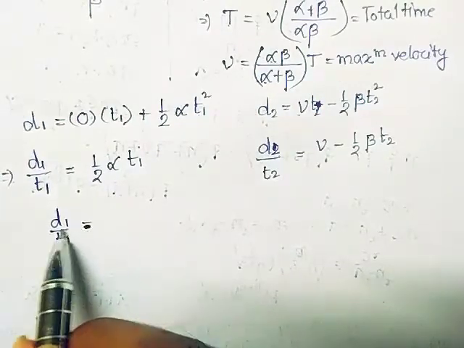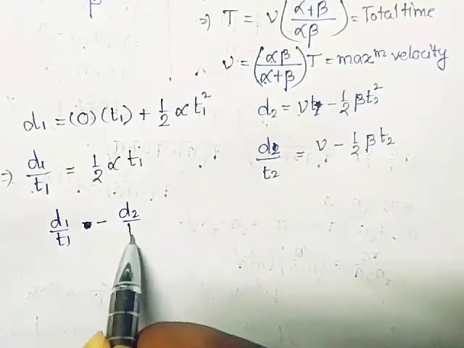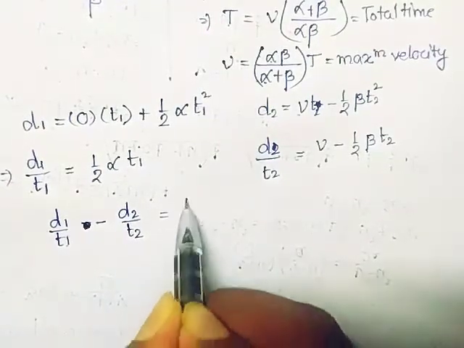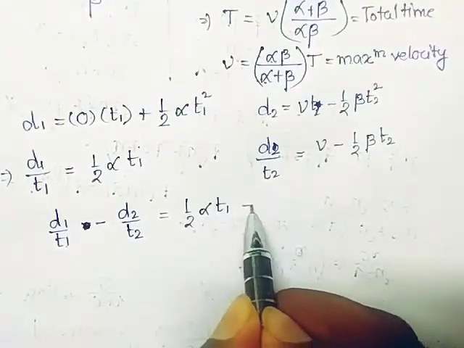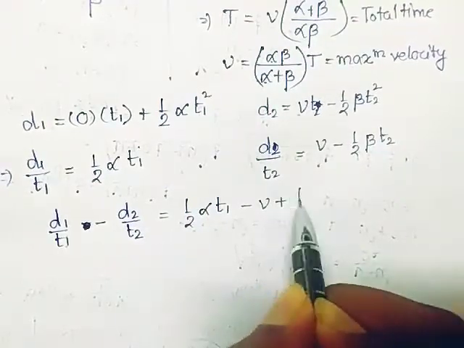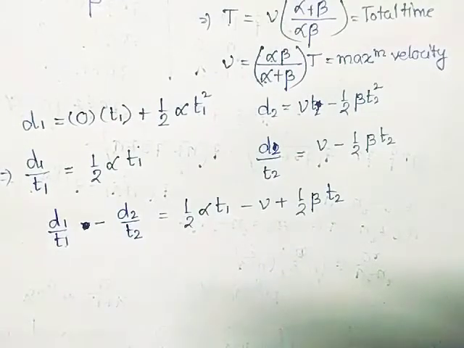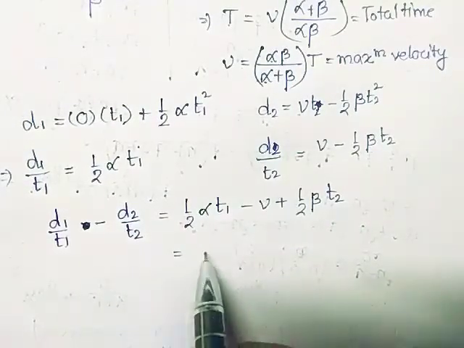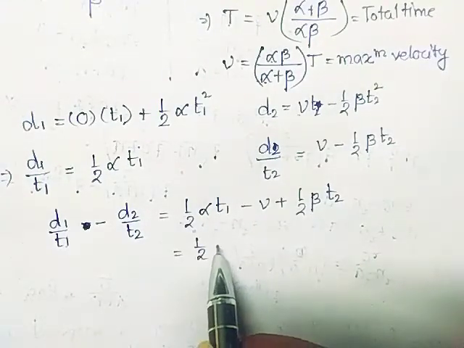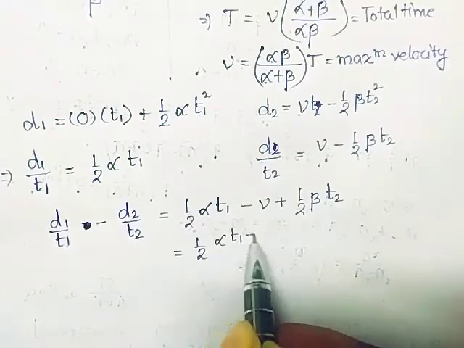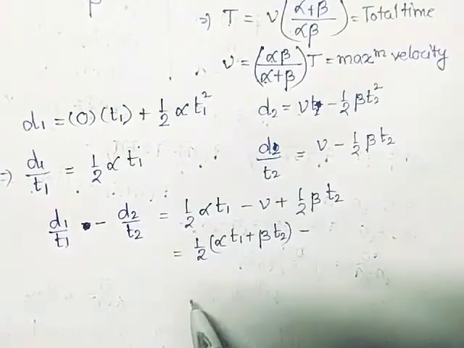So if I subtract these two, d1 by t1 minus d2 divided by t2, then it will be 1 by 2 into alpha t1 minus v plus 1 by 2 into beta into t2. So if I take this, just see, then it will be 1 by 2 into alpha t1 plus beta t2 minus v.